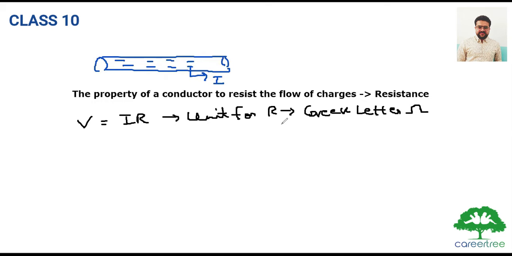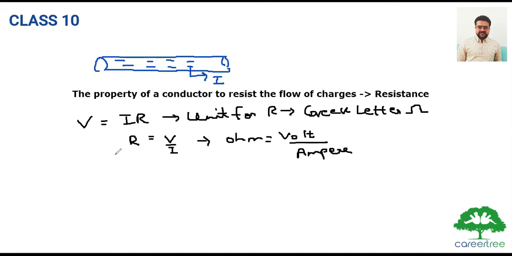So in this formula, I can also write R is equal to V by I, which means Ohm is volt, the unit for potential difference, upon ampere, the unit for current.